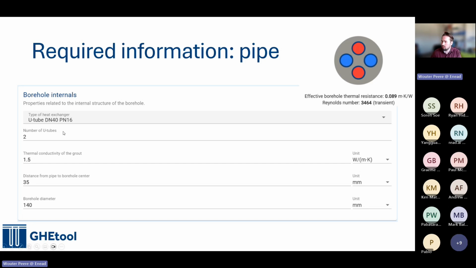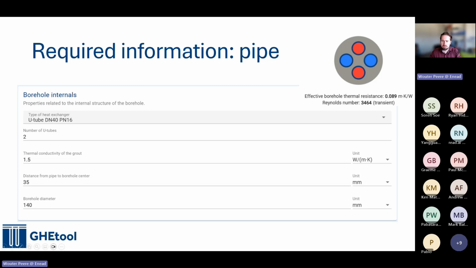So in this case, I used 2 DN40 probes with a grout of 1.5 watt per meter Kelvin, which is a rather good grout. We can go up to 2 or even 2.5 for very extreme cases. And I typically select the pipes to be somewhere in the middle, which I can't promise, but which seems reasonable.